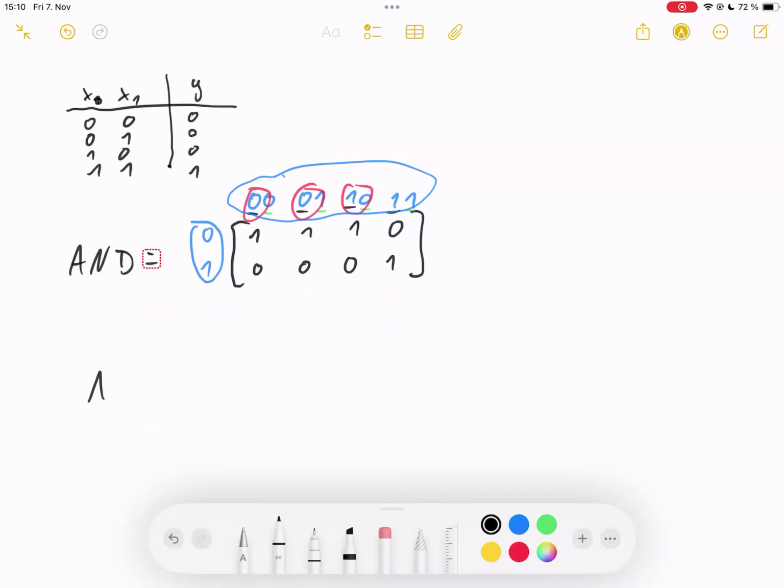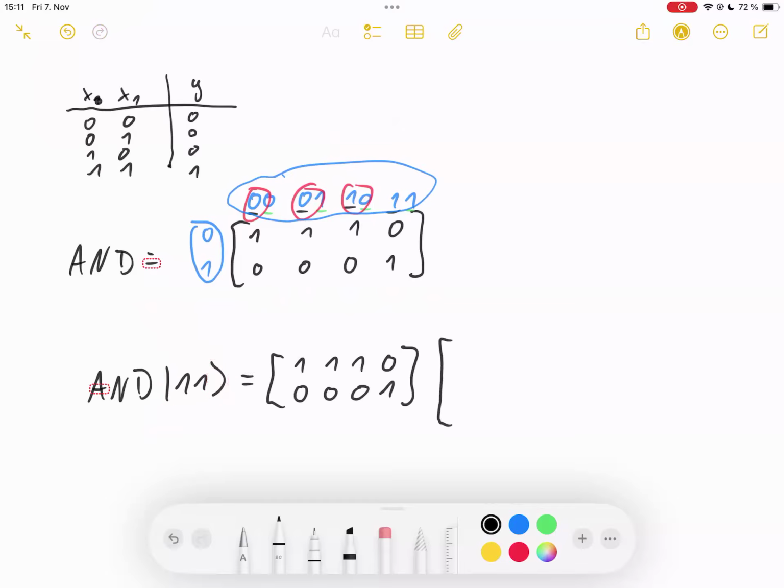Say we have a 1, 1 cat. And that would be something like, just writing down this. And remember, the 1, 1 cat would be 0, 0, 0, 1.